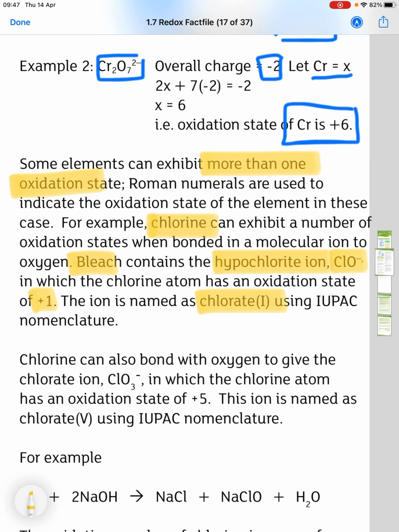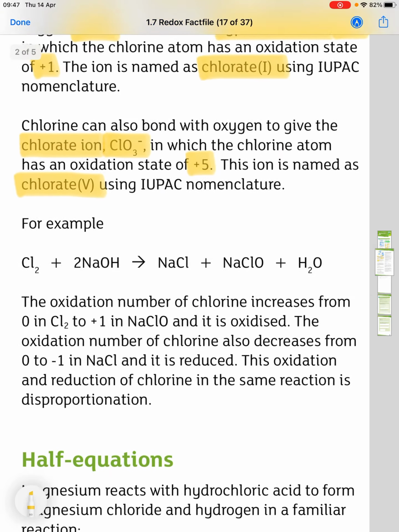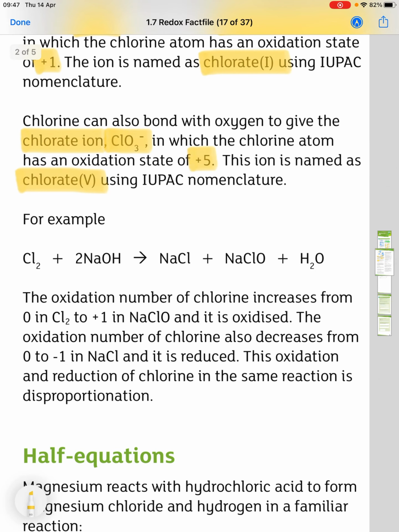And the ion is named as chlorate(I) with the Roman numeral 1 in brackets using IUPAC nomenclature. Chlorine can also bond with oxygen to give the chlorate ion ClO3-, in which the chlorine atom has an oxidation state of +5. So this is named as chlorate(V) using IUPAC.